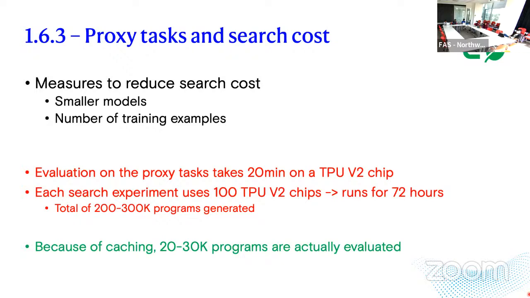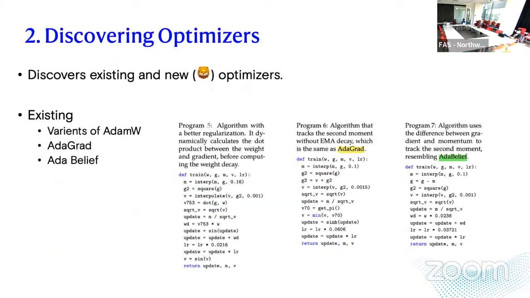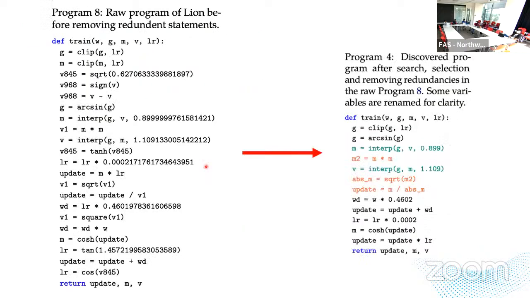But overall, if we now transition towards the actual optimizer method, this evolution process has discovered existing optimizers and this new Lion optimizer. The existing ones are like Adagrad, those sort of algorithms. As we discussed earlier, now let's get into the Lion optimizer.